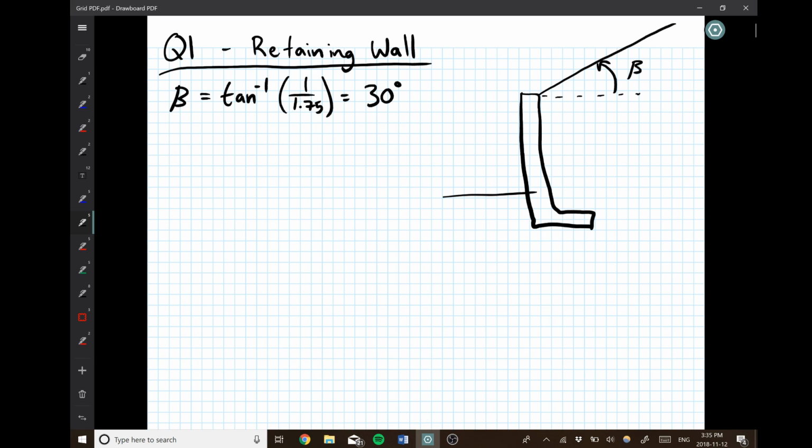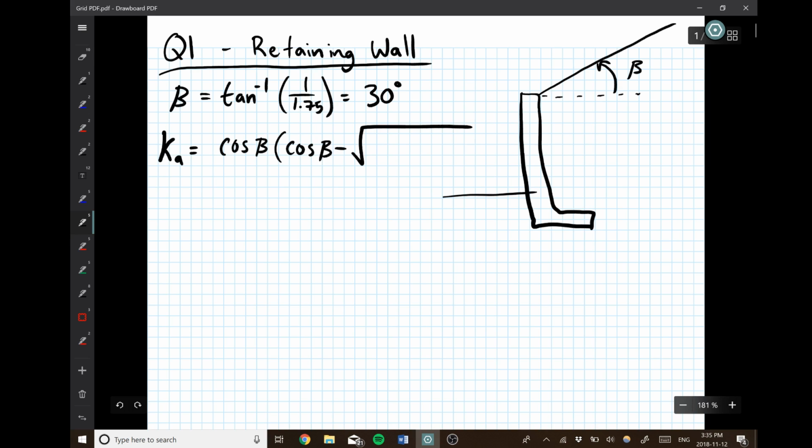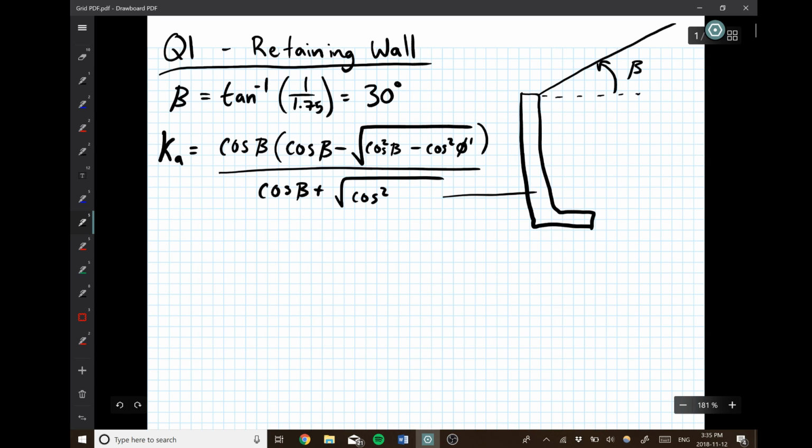So that Ka is equal to cos beta times cos beta minus square root of cos squared beta minus cos squared phi over cos beta plus the root of cos squared beta minus cos squared phi.